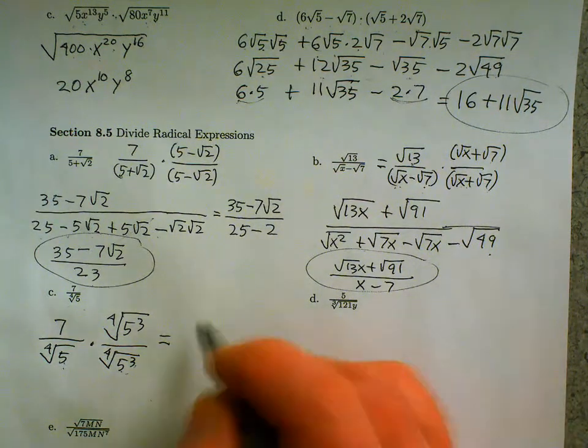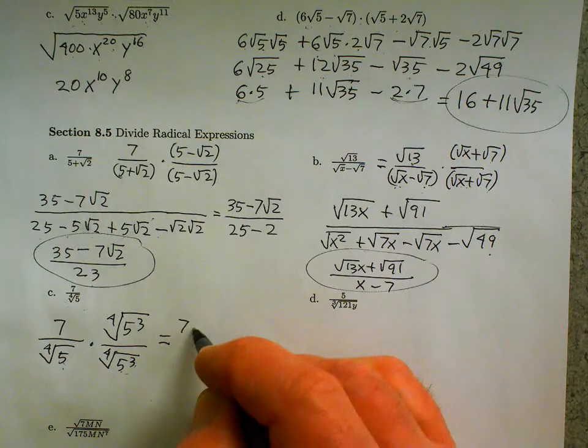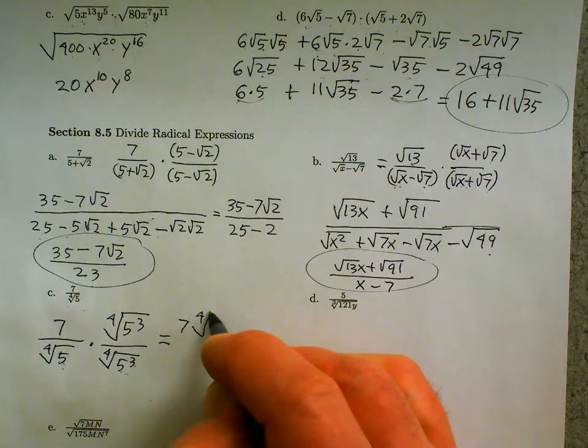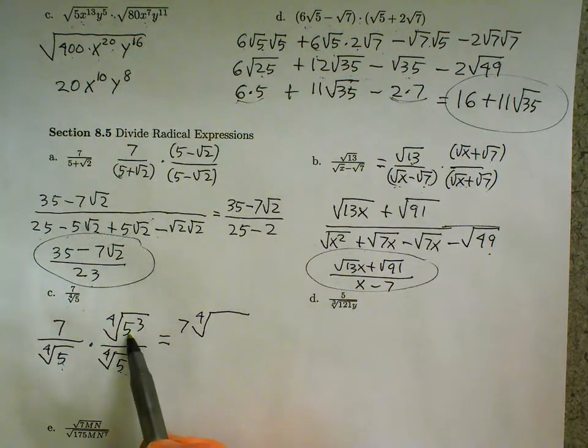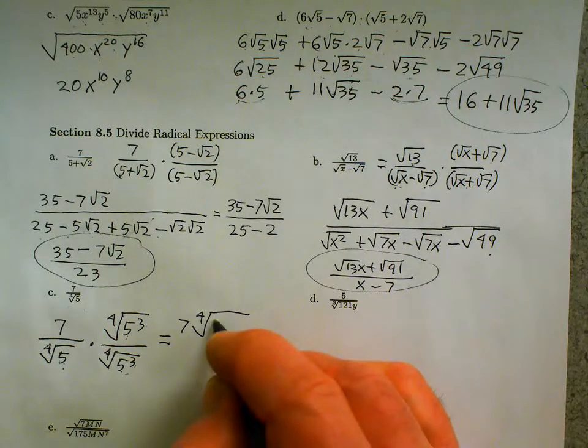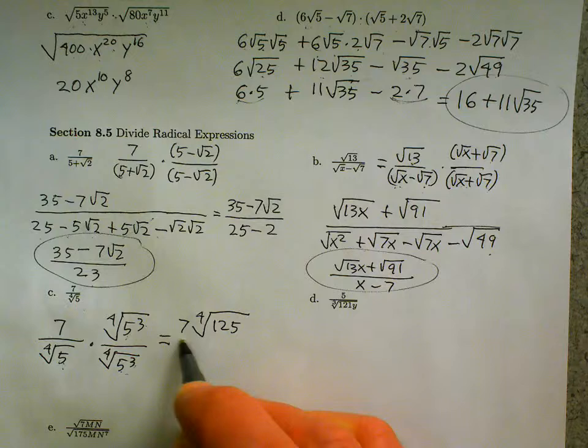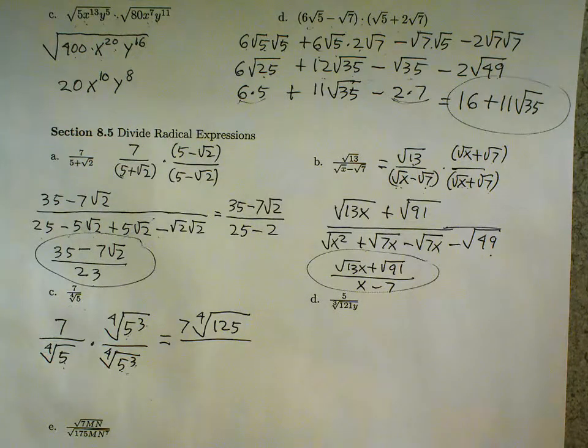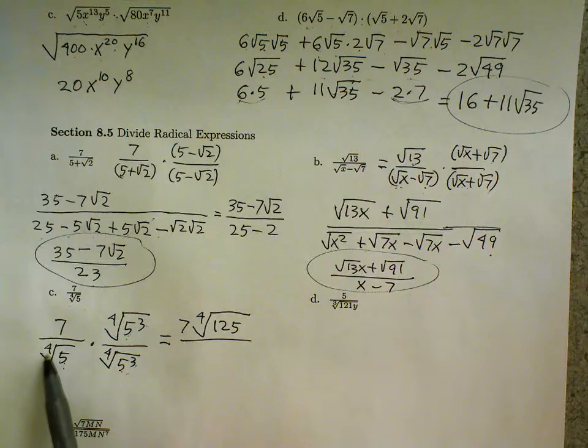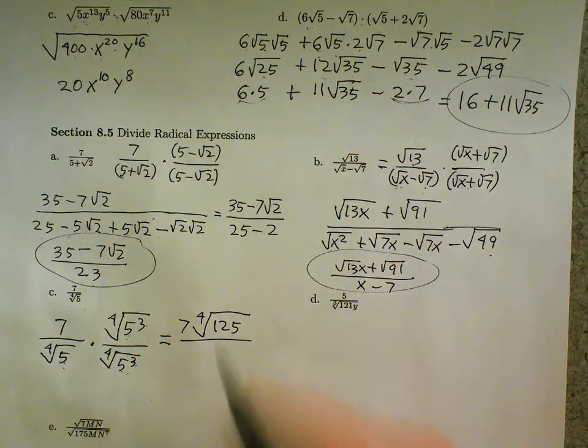And so the numerator becomes 7 times the fourth root. And instead of writing 5 to the third, it is 5 times 5 times 5, which is 125. So in the numerator, we write 7 times the fourth root of 125. And in the denominator, the fourth root of 5 to the fourth is just 5. So this is our simplified answer.